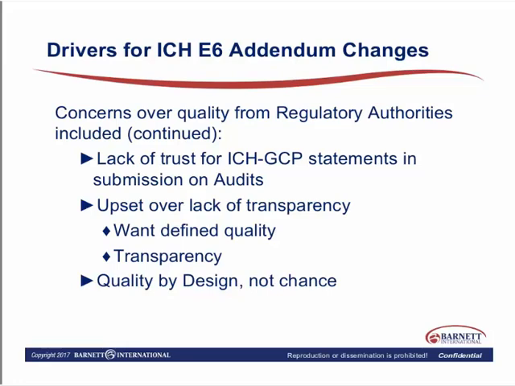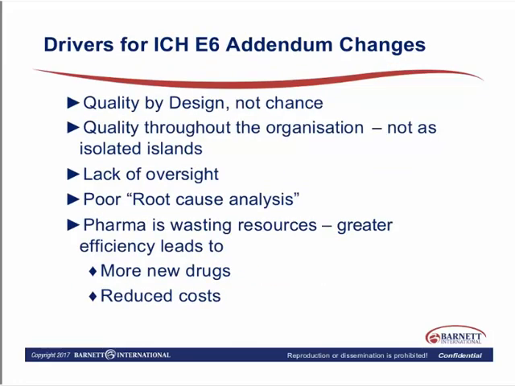The regulators felt that there was a lack of transparency and that we were not clearly defining quality and what our quality steps were throughout the life cycle of the trial. They talked and talked about quality by design, not just by chance, being proactive as opposed to being reactive once a problem happened, and just really planning up front.